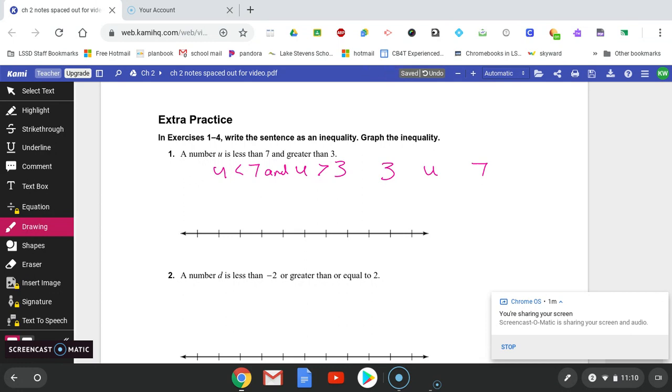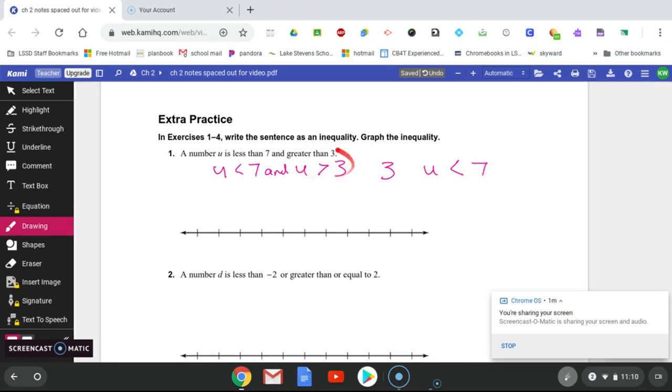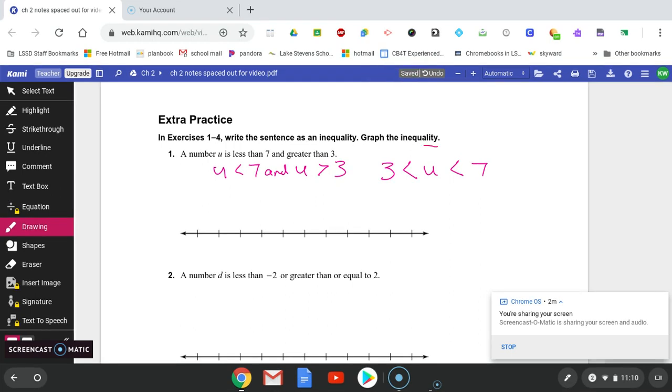Then we put the inequality that corresponds to each section. Between the u and the 7, the inequality opens towards the 7. Between the u and the 3, the inequality opens towards the u. This is our first compound inequality, an "and" inequality.